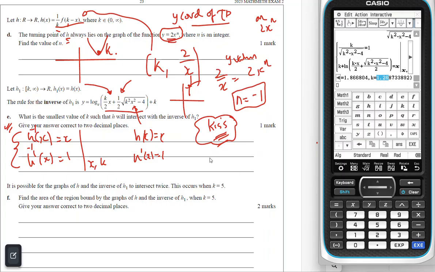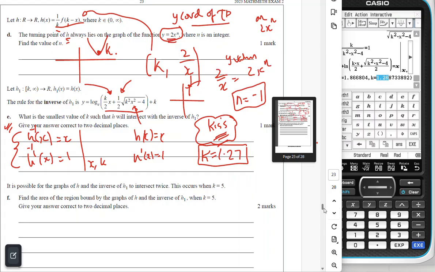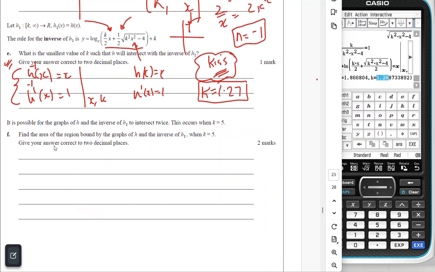So I'm going to say that the smallest value of k is 1.27. And in the last part of the question, it is possible for the graphs of h and the inverse of h to intersect twice. This occurs when k equals 5.